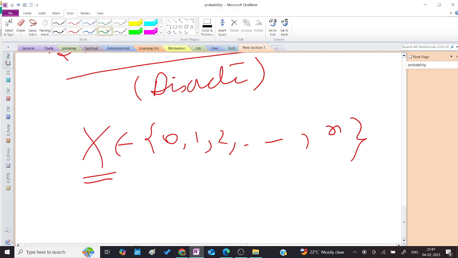So there is some probability that all of the tosses will give heads, then there will be n heads, and if none of the tosses give heads, then there will be 0 heads, right?